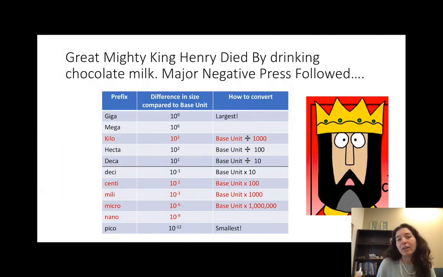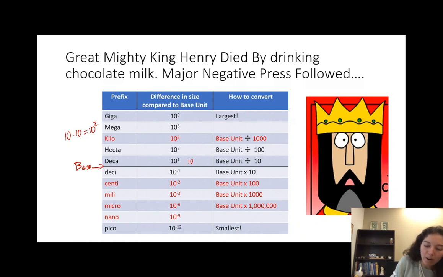Here's a nice table that kind of lays out all these differences for you in between each SI unit. So this right here, this line is where your base unit is. And as you go up, you're going to get bigger by 10. So this would be 10. 10 raised to the 2 is 10 times 10. So that gives you 100. 10 raised to the 3 is 10 times 10 times 10. So that's 1,000.